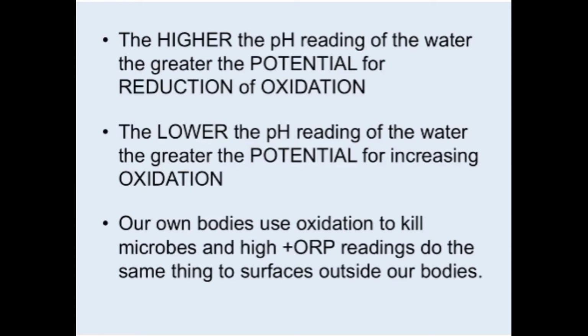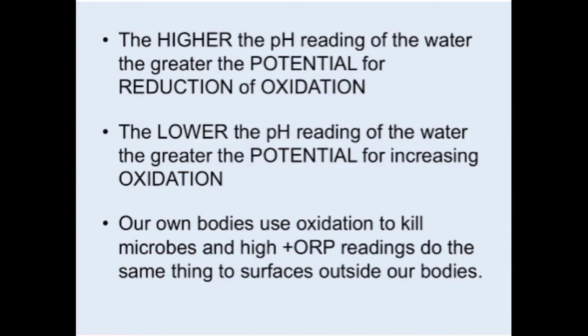So that's why when we have a cut or we get ill, like it showed in that chart, our bodies send lots of oxidizers to kill the microbes. Same thing, when we're delivering lots of oxidizers to a surface, it's going to kill more microbes.